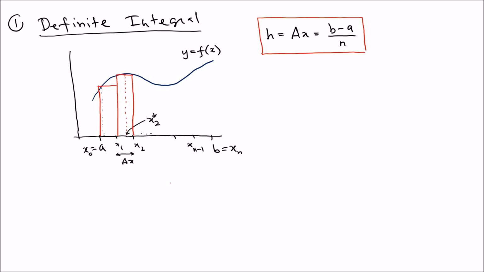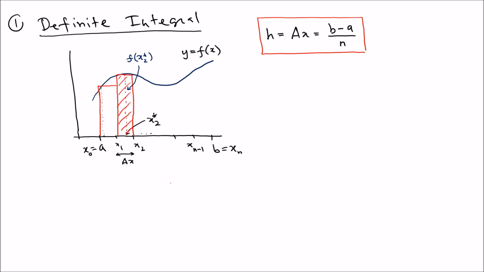So pick a point inside the interval and find the area of the rectangle. What we're going to do is find the area of this rectangle. This is very easy because we know the function value. You can see in this case the function value is, because you evaluate the function at x2, f at x2 star.